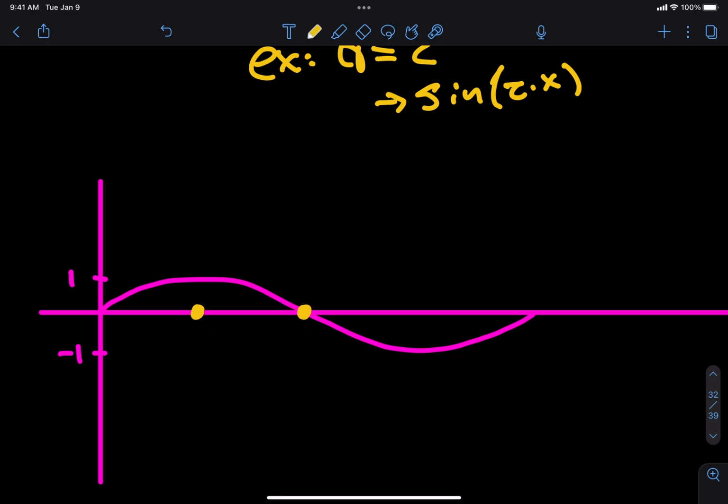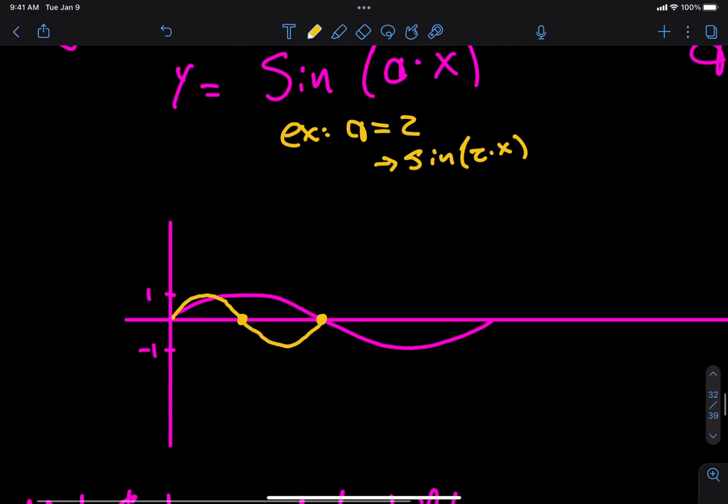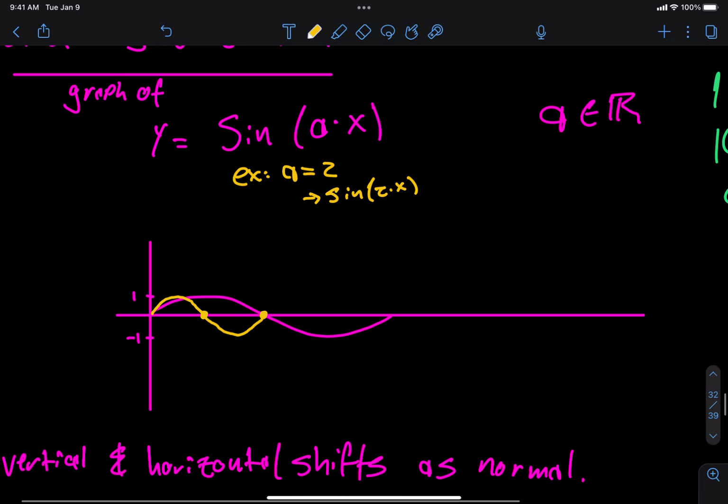So it's going to look something like, the height will still be preserved, okay? The height will still be preserved, but we're going to do it twice as fast, I guess, if you want to say that way. Okay, so same height, same amplitude, but the period is much shorter, right? The period is the length of time that it takes for us to repeat.